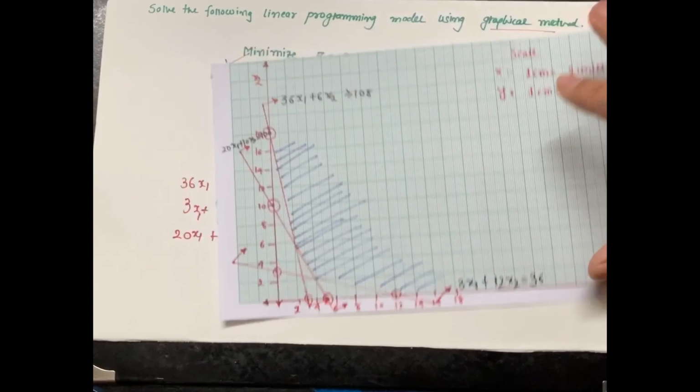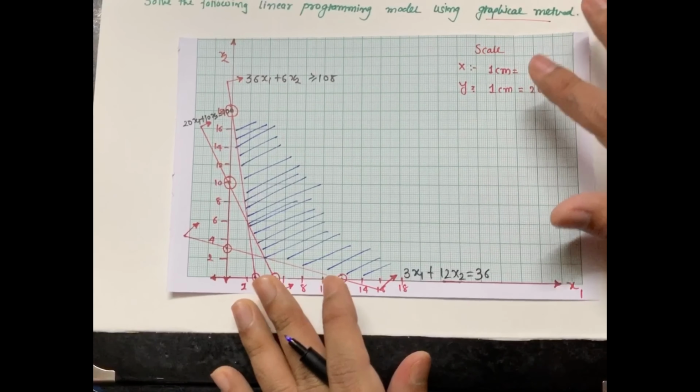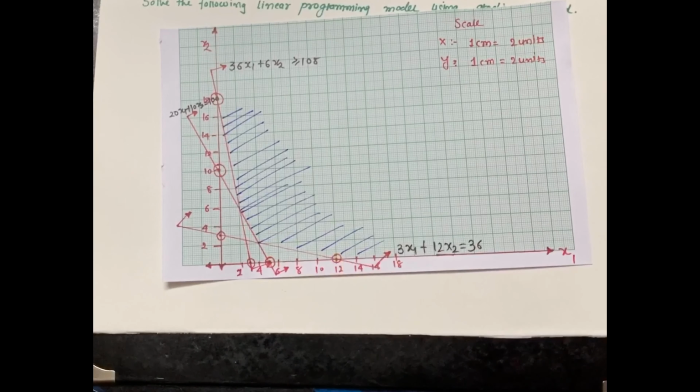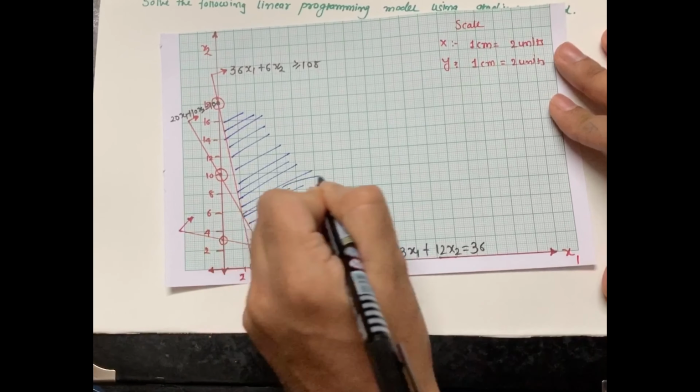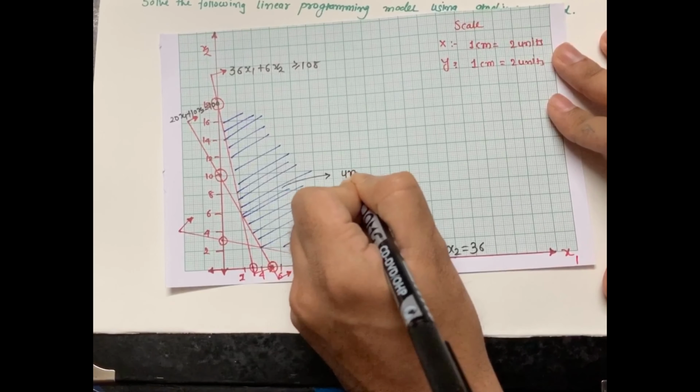This is the entire feasible region. This is the entire common region for these three lines. Whenever the common region is not forming a polygon, a closed structure, this type of region is referred to as an unbounded region.